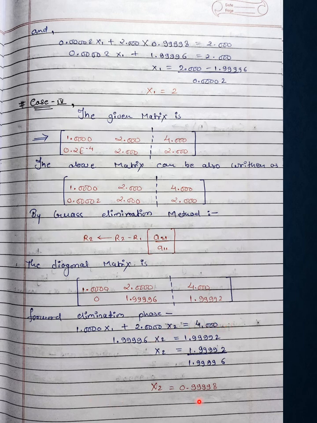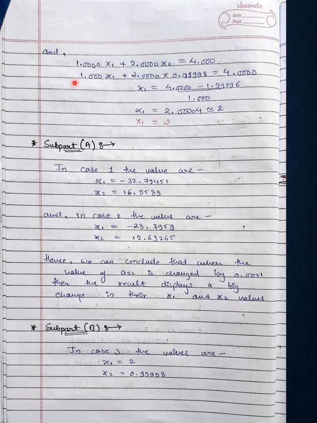It will give x2, and the x2 is 0.99998, and for x1, 1.0000x1 plus 2.000x2 equals 4.000. It will give x1 as 2.